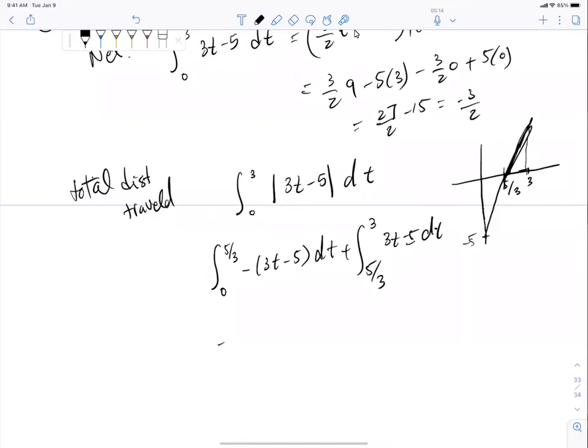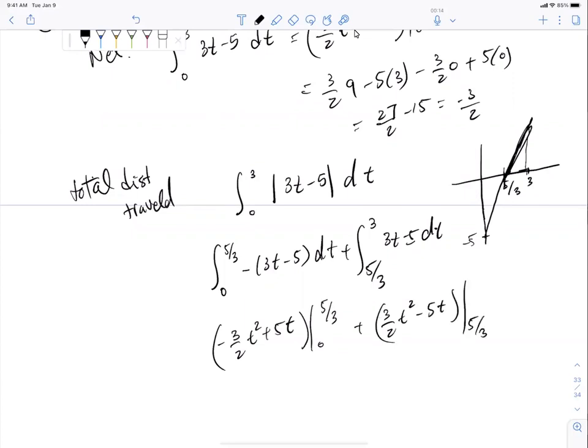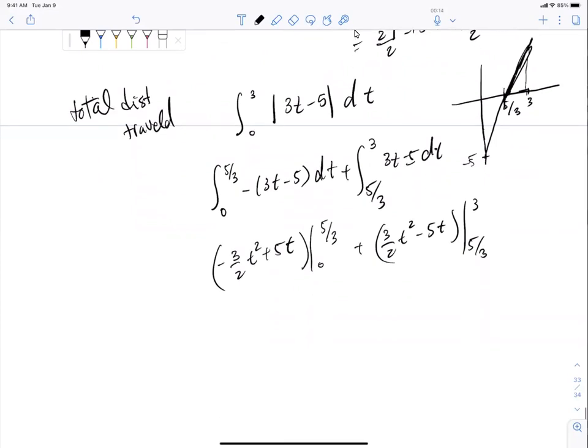So I get negative 3/2 t squared plus 5t, that goes from 0 to 5/3. Then 3/2 t squared minus 5t, and that goes from 5/3 to 3. Negative 3/2 times 5/3 squared, plus 5 times 5/3. Remember, your answer has to be positive. So if you don't get a positive answer, you did something wrong.